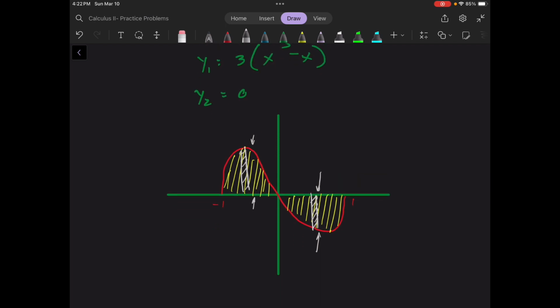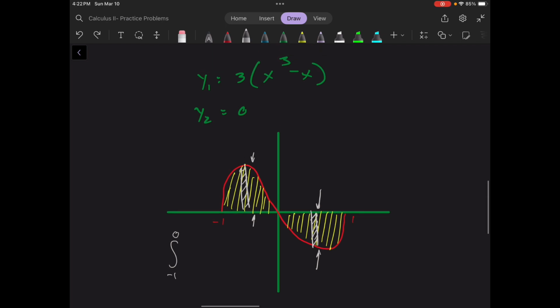We can find the integral of -1 to 0. That is going to represent all of this integral, right? And what is the displacement? Well, it's the top function minus the bottom function. This is the top function, so 3x cubed minus x dx, right?